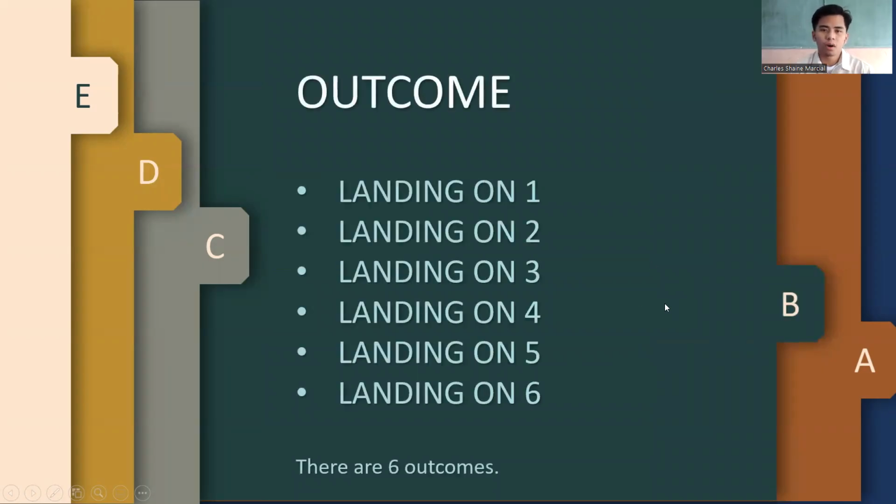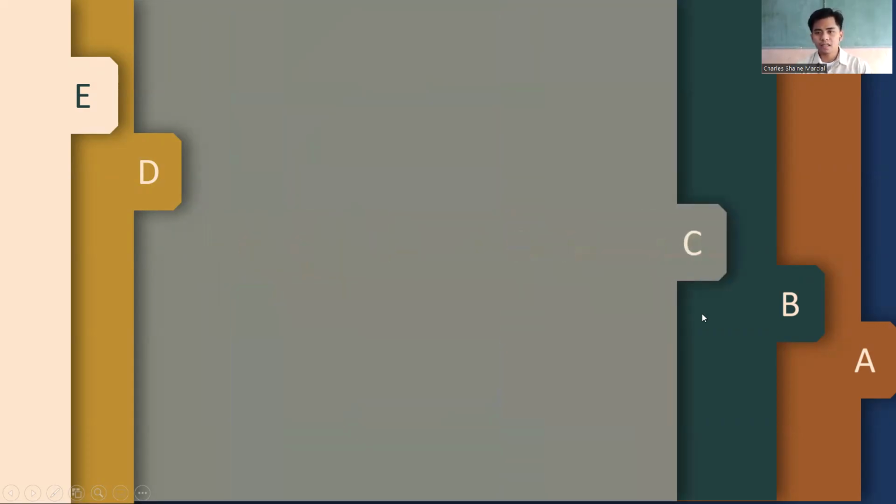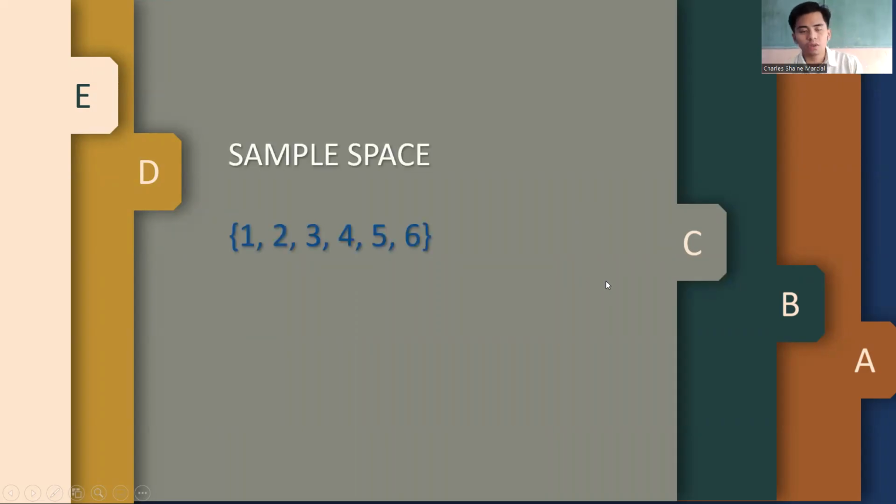All right. So, the outcomes are landing on 1, 2, 3, 4, 5, and 6. So, meaning, meron tayong 6 na outcomes. Okay? Next, since we have 1, 2, 3, 4, 5, 6, of course, yun din yung magiging sample space natin.